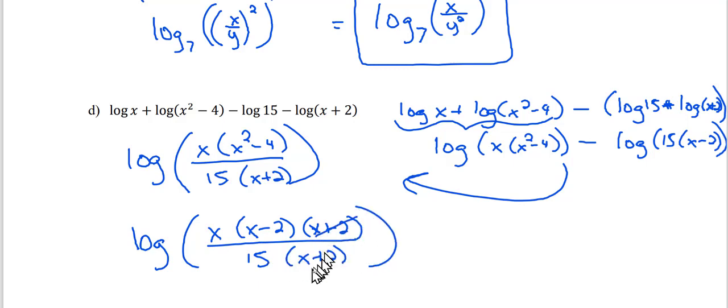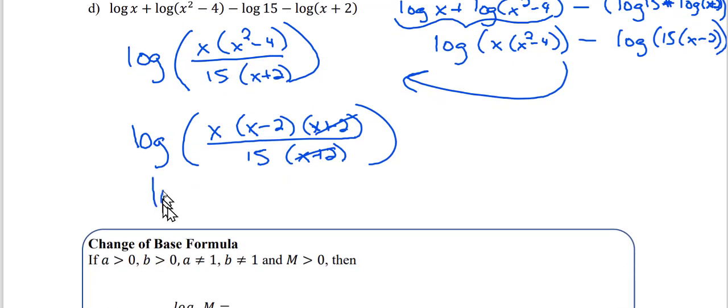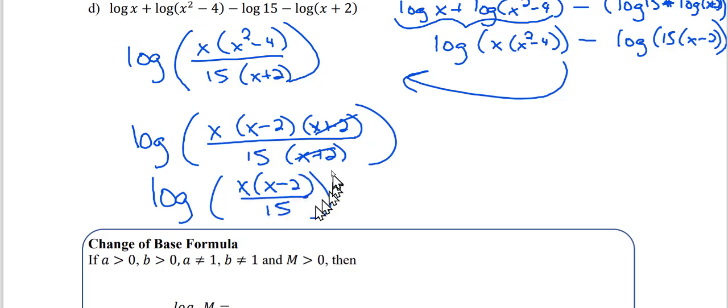So let's go ahead and simplify those x plus 2's, those common factors, to give me log of x times (x minus 2) all over 15. Do not act like you can bring that 15 out in front. This is not log times x times (x minus 2) over 15 such that you could factor something out. It's not a product, it's log of that.